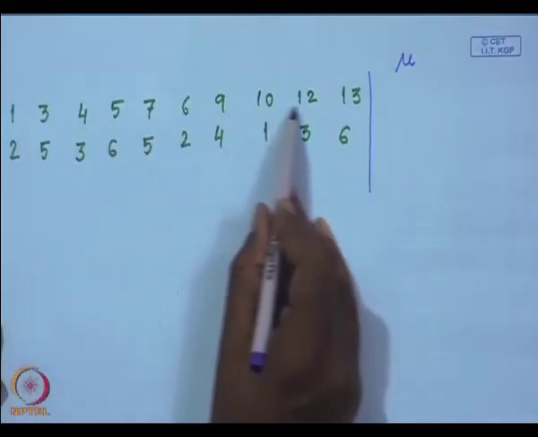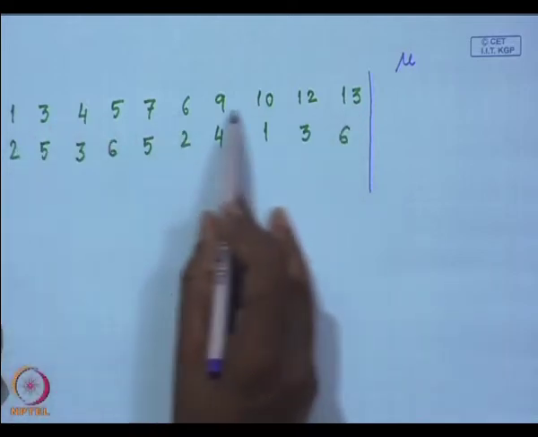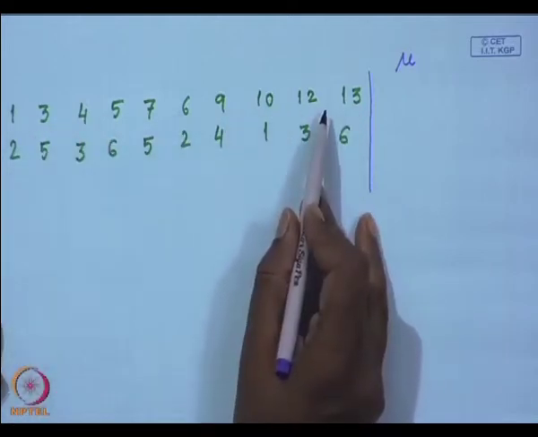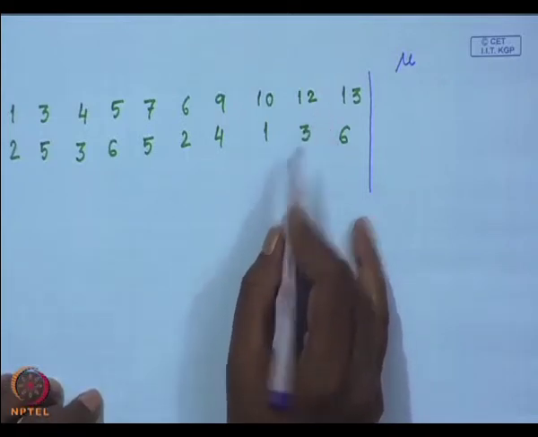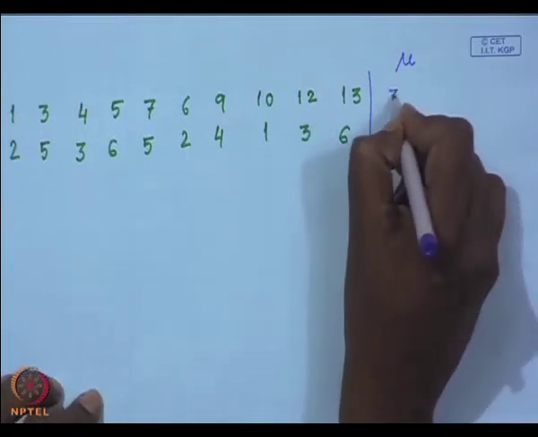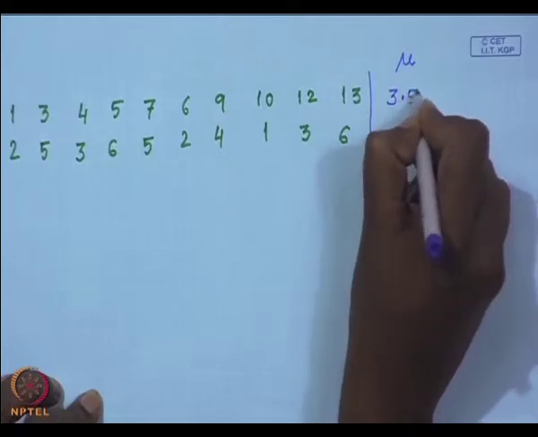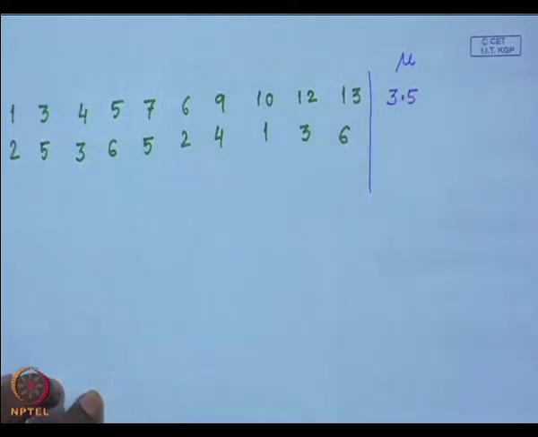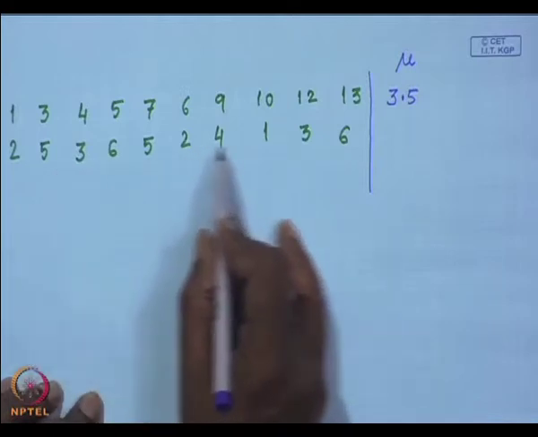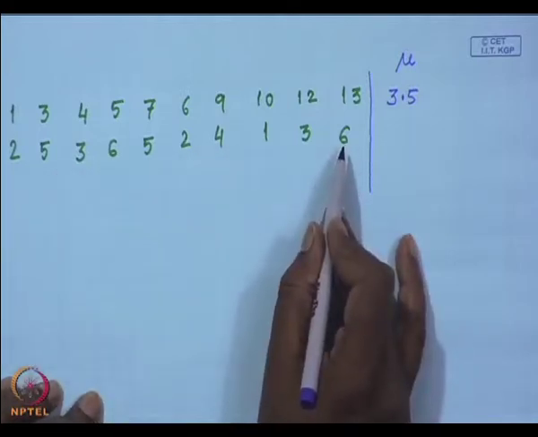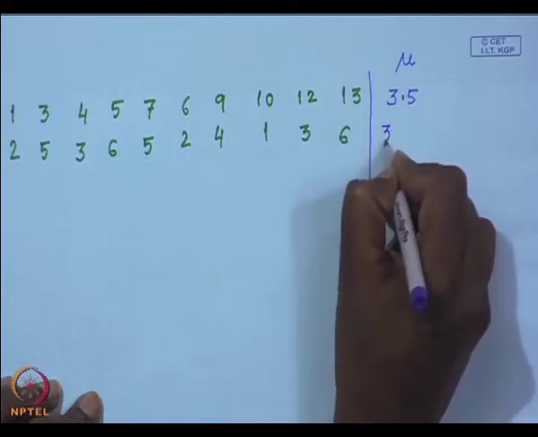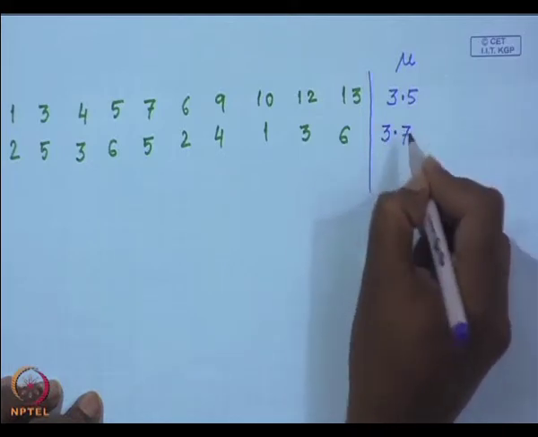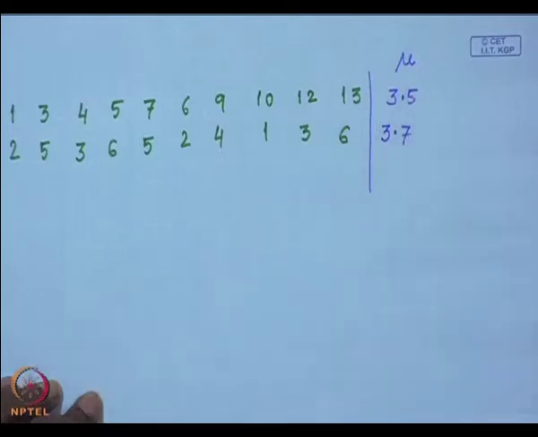So, when I compute the mean of the first components of all these 10 feature vectors, this will come out to be something like 3.5. And the mean of the second component of all the 10 feature vectors will come out to be something like 3.7. So, this is my mean vector mu.